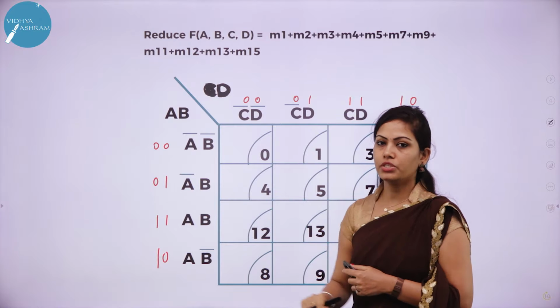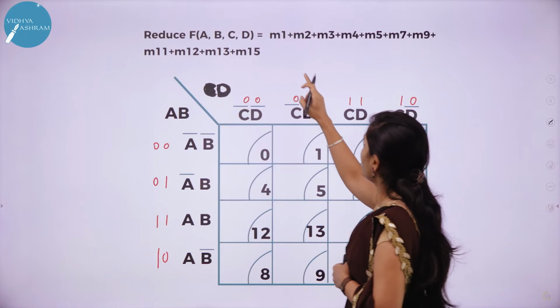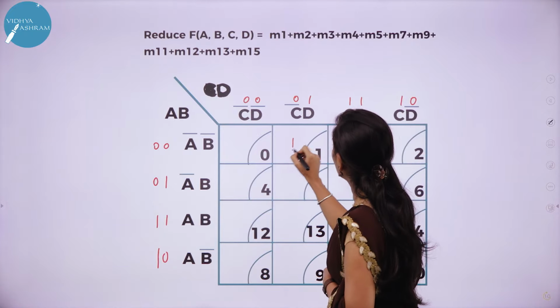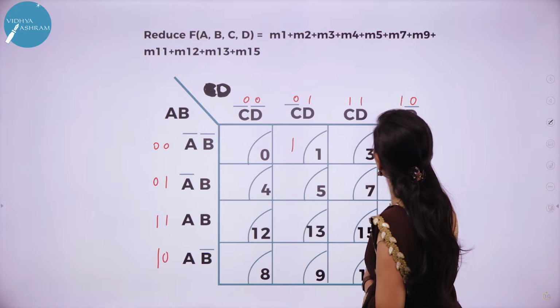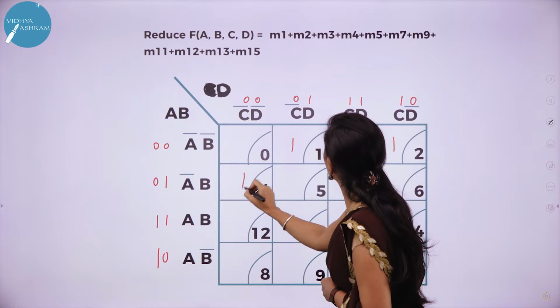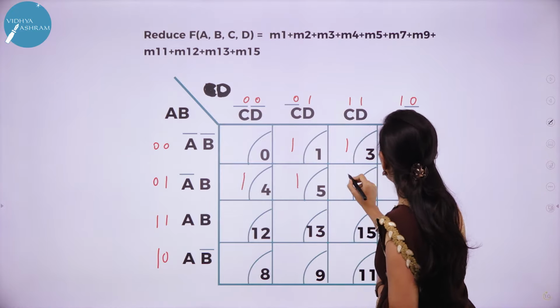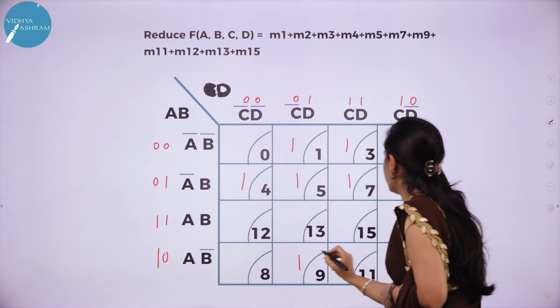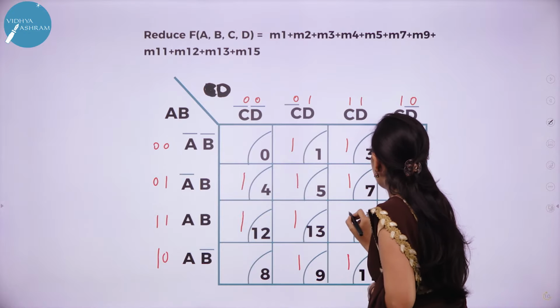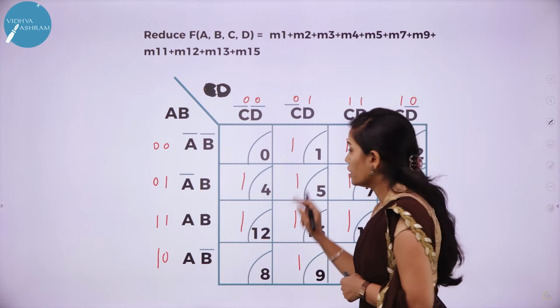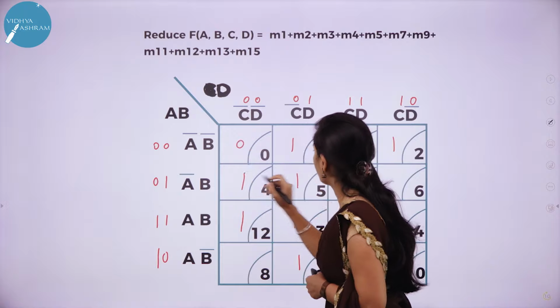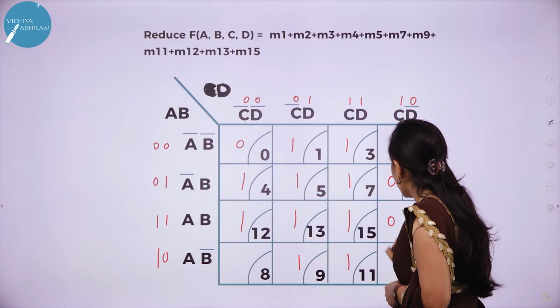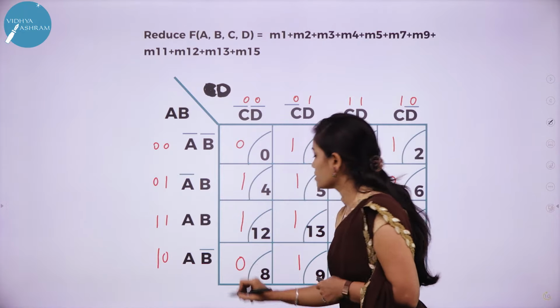These are the designations I have written. Next, in place of M1, put 1. M2, M3, M4, M5, M7, M9 and M11, M12, M13, M15. The remaining are 0.